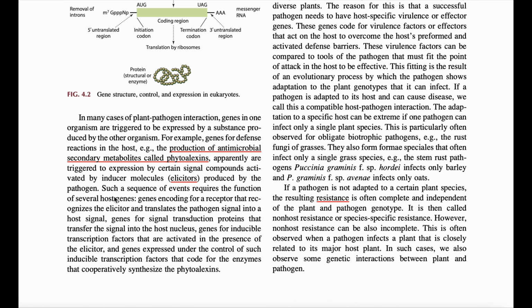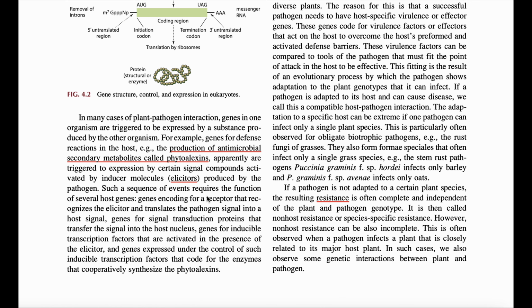All right. Such a sequence of events requires the function of several host genes. First, the genes encoding a receptor that recognizes the elicitor and translates the pathogen signal into a host signal. In computers we have heard of human language and machine language, where machine language is 0 and 1. Here, when the pathogen attacks, it releases some signals, but those signals need to be recognized by the plant, right?